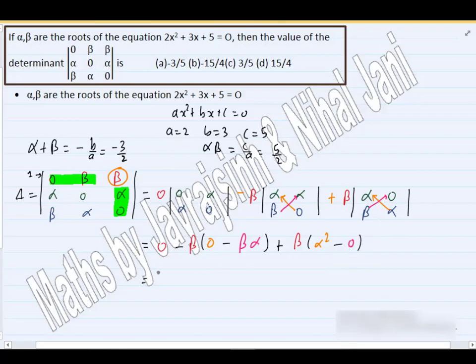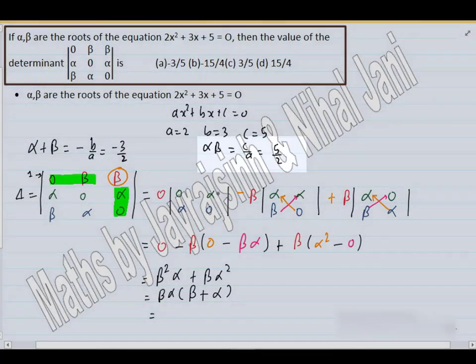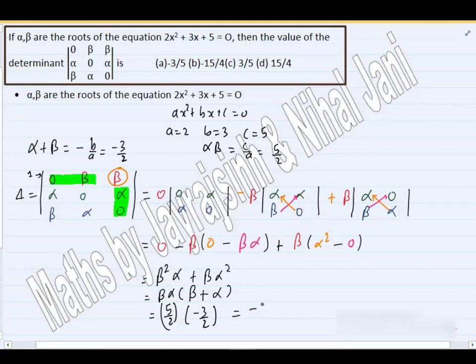So finally minus beta into minus beta alpha will give us beta square alpha, and here we'll get beta alpha square. So we can take beta alpha common from the terms. In the first term the remaining term is beta, and in the second term the remaining term is alpha. So let's write down the values of alpha beta, which is 5 by 2, and alpha plus beta, which is minus 3 by 2, and it will give us minus 15 by 4. Ta-da! Option B is your answer.